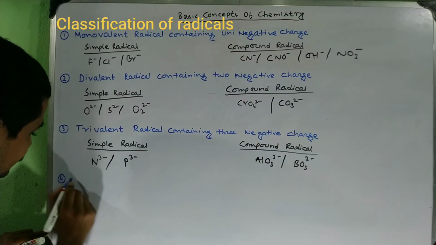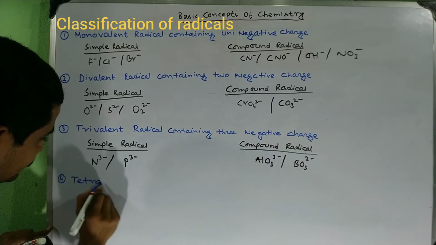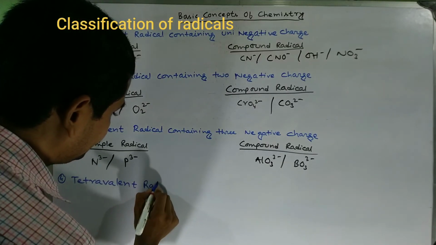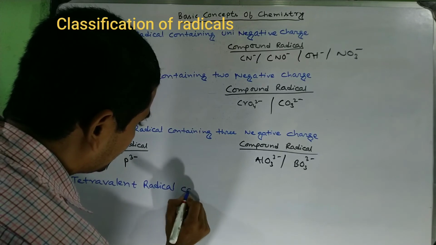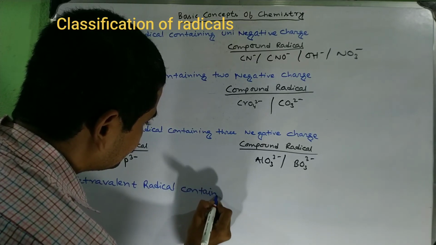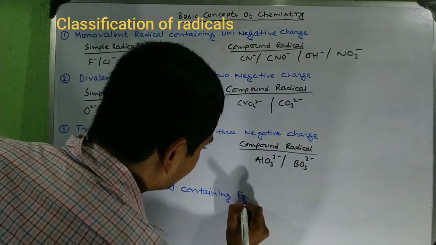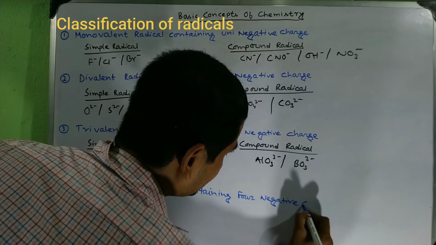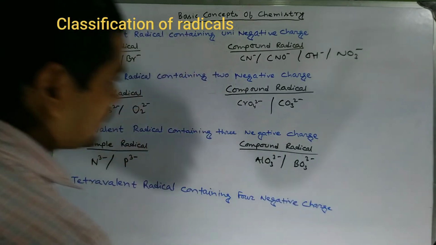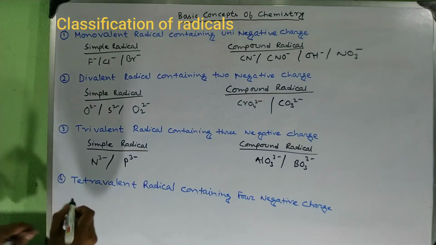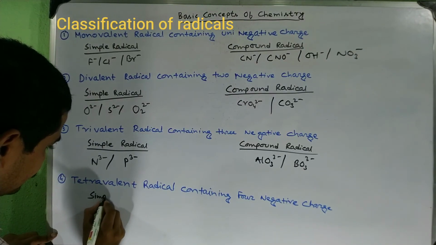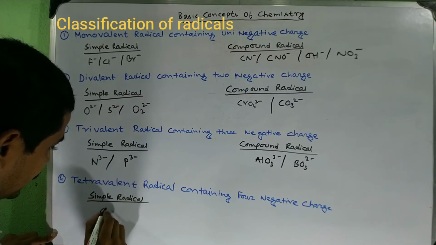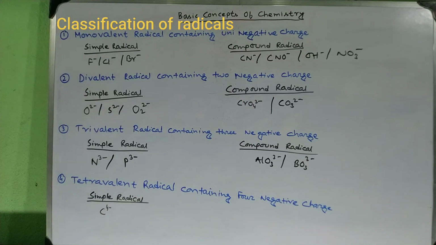And the tetravalent radical contains 4 unit negative charges. The example is carbide, C4 minus; this is carbide.